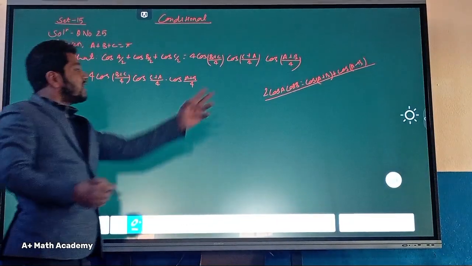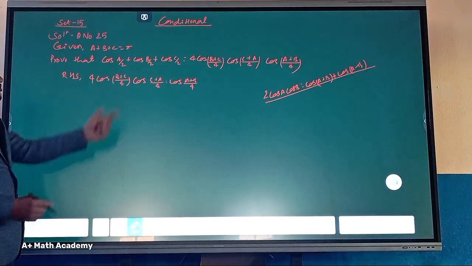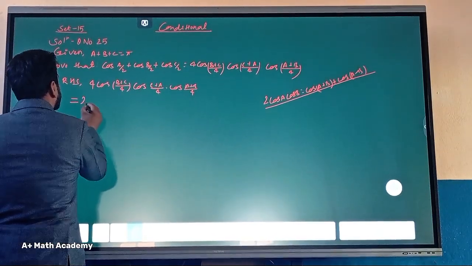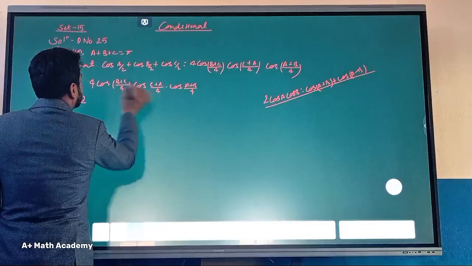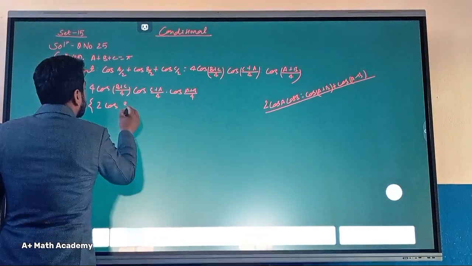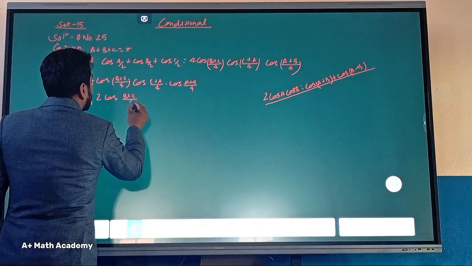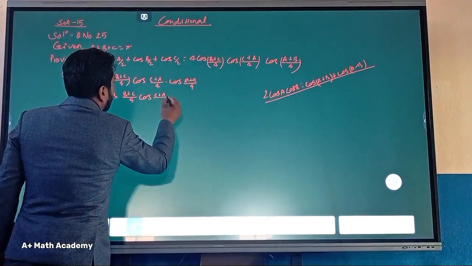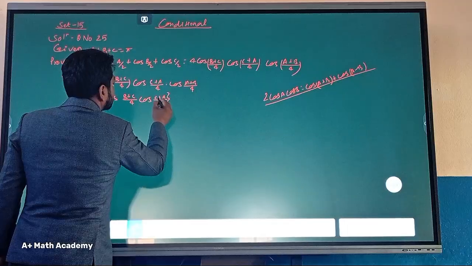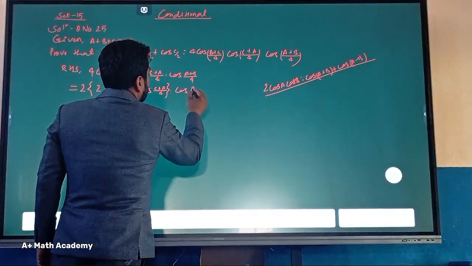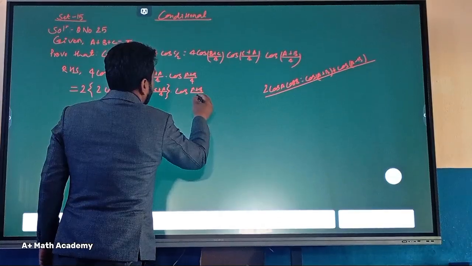Out of the 4, we can give 2 to these two terms: 2 times 2 cos (B plus C) by 4 cos (C plus A) by 4, and we leave the last cos for now.